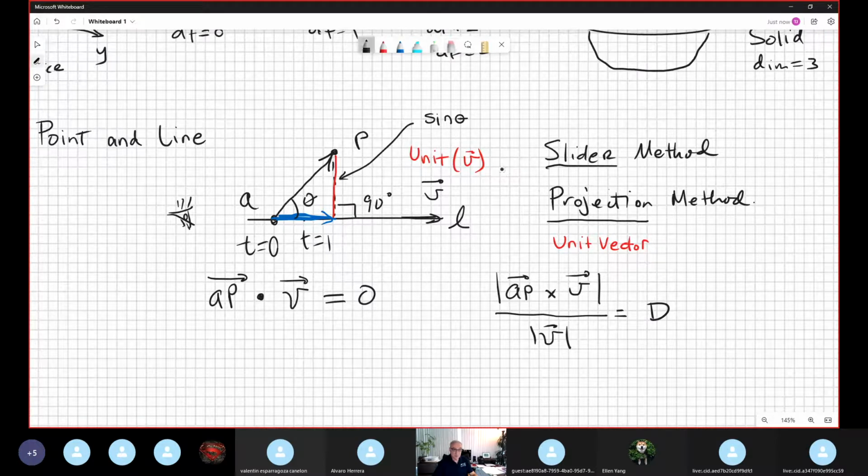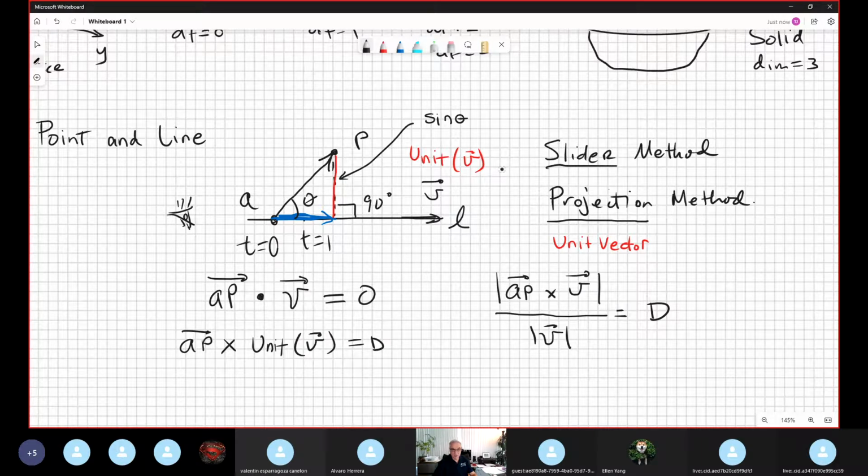And between, of course, the distance is the cross product AP with the unit vector of the vector B. You can do it that way, or you can do it directly. Sometimes it's easier because when you compute the unit vector, the numbers, I don't know why, look complicated. So the arithmetic is complicated.